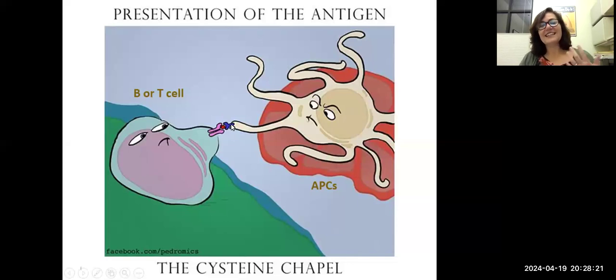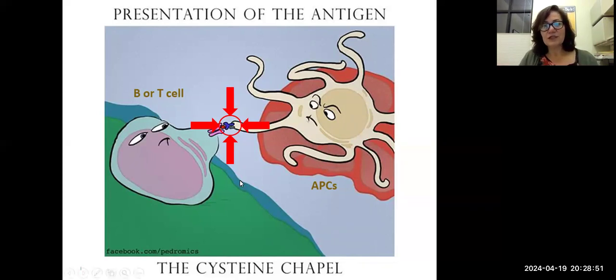So here's the antigen presenting cells presenting the stuff on an MHC protein to, in this case, a B cell or a T cell. And yeah, the Sistine Chapel, it's a little biology humor for you. So yes, they make contact. The B cells or the T cells, they are cops, but they can't observe things for themselves. They have to be shown stuff.